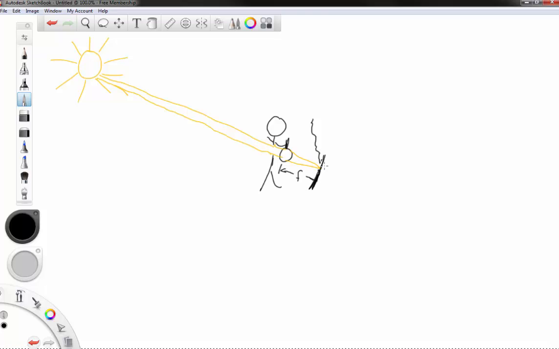Now you'll notice when you do this that there's some range at which you can hold your piece of paper, your screen, your board, whatever, over which A, it looks like you have a very bright small spot, and B, over which you observe smoke. So you might be able to hold it here and get some smoke coming out. You might be able to hold it out to here and get some smoke coming out.